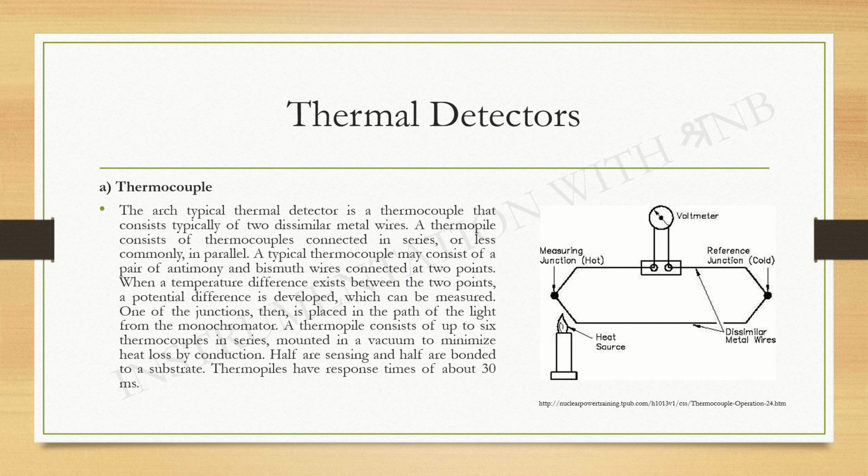So the first is thermocouple, in which there are two dissimilar metal wires. Commonly, antimony and bismuth wires are used, and there is a temperature difference between these two, the opposite poles attaching these two wires. So this junction is hot, we use hot heat sources, and this junction is cold. Due to this temperature difference, a potential difference will develop that can be measured using a voltmeter.